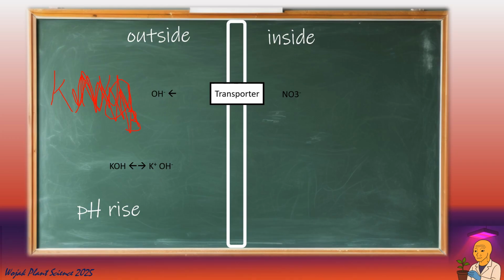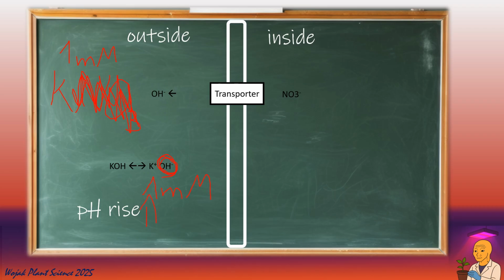And in both examples I said we have 1 millimolar, okay? That could also be 2 or 0.7 or whatever concentration, it doesn't matter. It's just to illustrate what is going on at the root tip when plants uptake the minerals. So we have left 1 millimolar OH minus, and this is why we have a rise in pH.